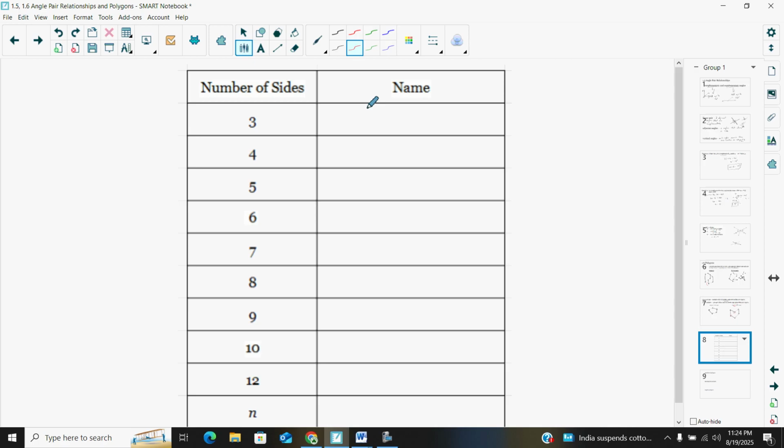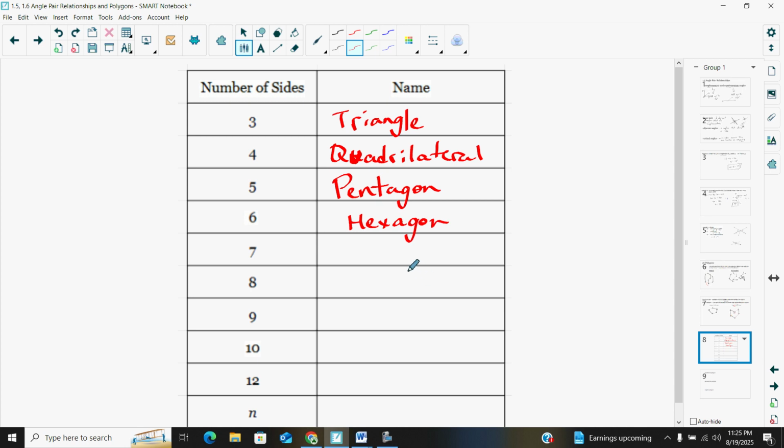We have lots of different names for polygons. Polygon of 3 sides, you're pretty familiar with, I hope. That's a triangle. You should be familiar with most of these. 4 sides, it might be a square, it might be a rectangle, but those are special types of quadrilaterals. 5 sides is called a pentagon. 6 is a hexagon. 7 is a heptagon.